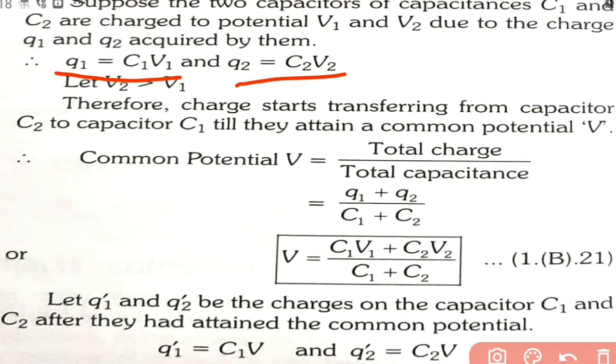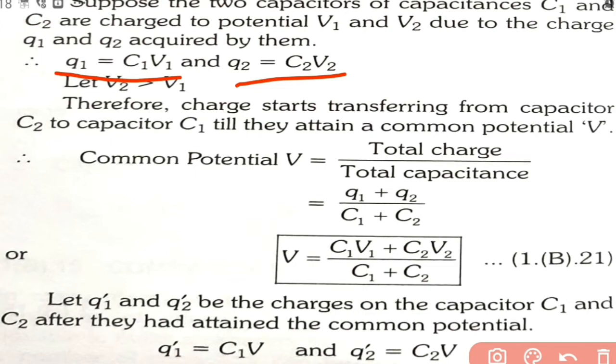Now we are assuming the condition V2 greater than V1. So charge starts transferring from the capacitor C2 to C1 till they attain a common potential V. How will you find the common potential V? Common potential V is given by total charge by total capacitance.